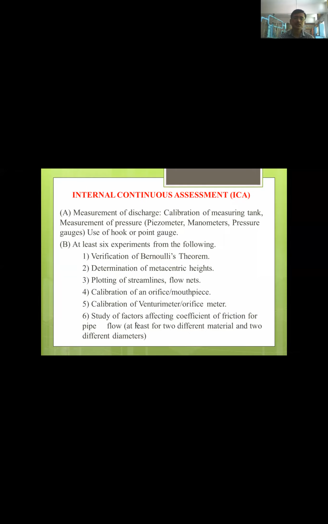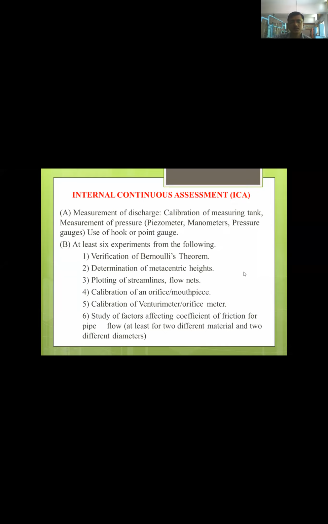And in this particular practical, study of factors affecting coefficient of friction for the pipes, we are going to find out the coefficient of friction for various pipes, like GI pipe, that is galvanized iron pipe, or PVC pipe, polyvinyl chloride. These pipes are made of different materials like PVC, GI, or cast iron.